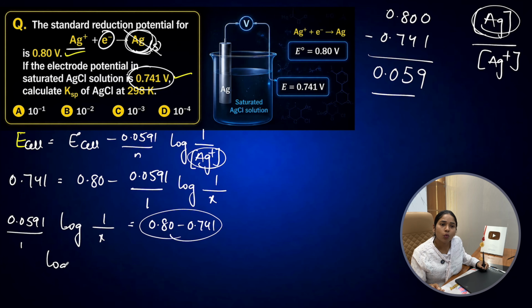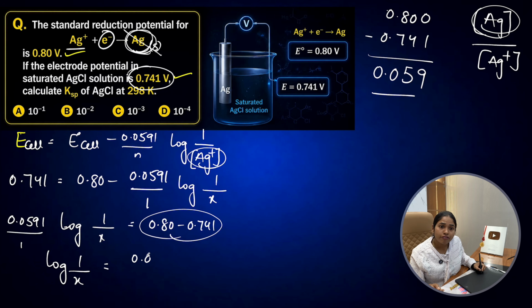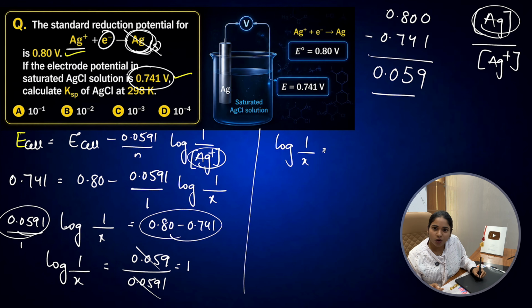So log 1 by X is equal to 0.0591, and this is multiplying here, so it comes in a division. Okay, then both will be cancelled, which is 1. Then log 1 by X is equal to 1.